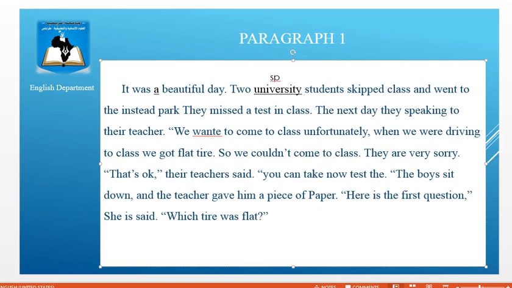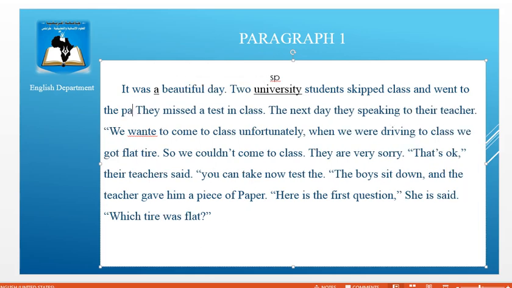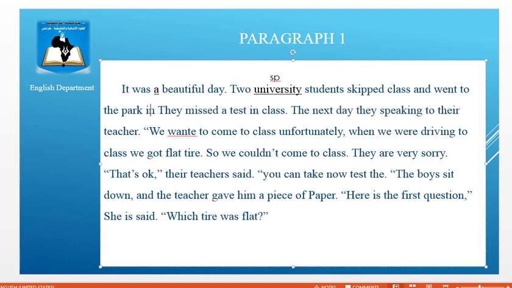2 university students skipped class and went to the park instead. There is something wrong here. What is wrong? Okay, let's underline first. The answer is park instead. So it's going to be park instead.